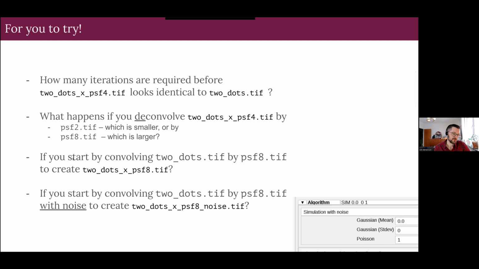You could start by creating a new image based on the larger PSF, PSF 8. And as the fourth alternative, you could start over and convolve with noise also. Then you would pick another algorithm. So it's a simulation with noise. You could start that way and see if you get back to the 2 dots.